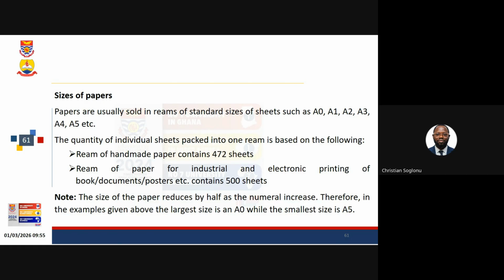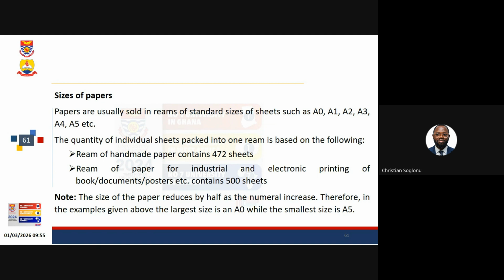A ream of handmade sheets contains 472 sheets. A ream of paper for industrial and electronic printing of books, documents, posters, etc. contains 500 sheets, which we already know, like your A4 size paper for bond paper. I think one ream is 500 sheets.